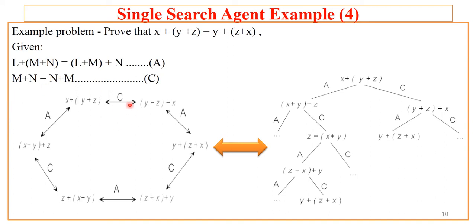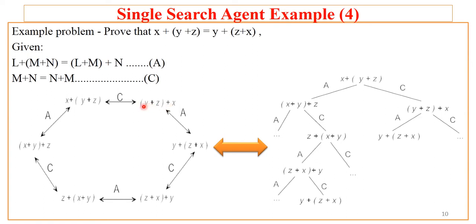Now here you can have the start, the left hand side expression x plus (y plus z). If you apply rule C, you can interchange (y plus z) and x.